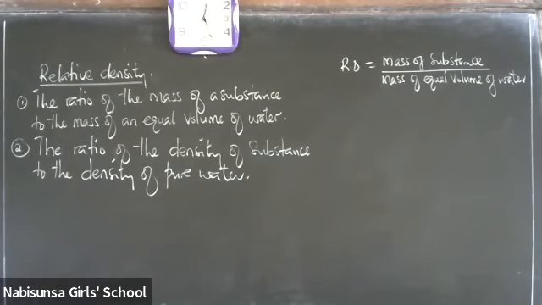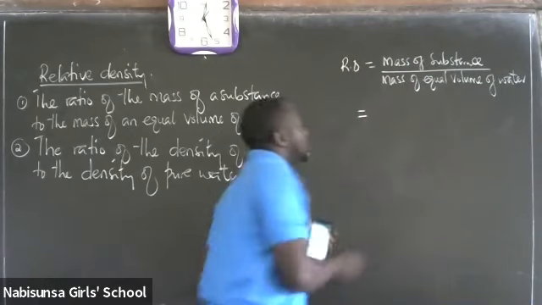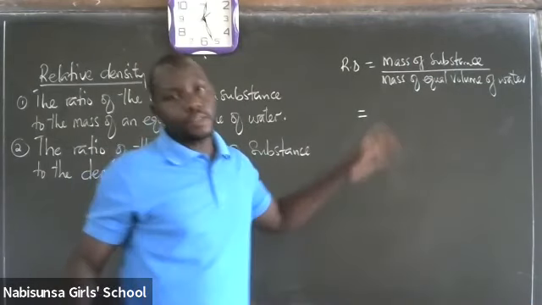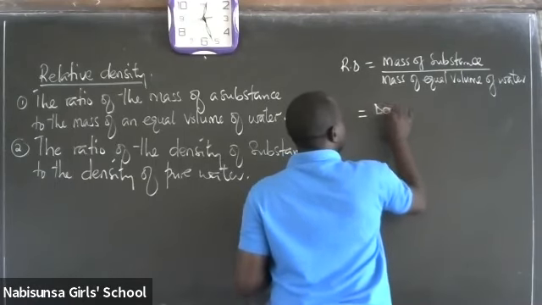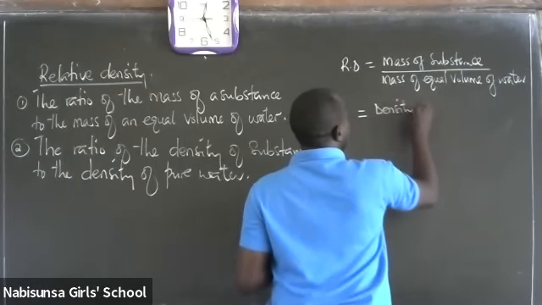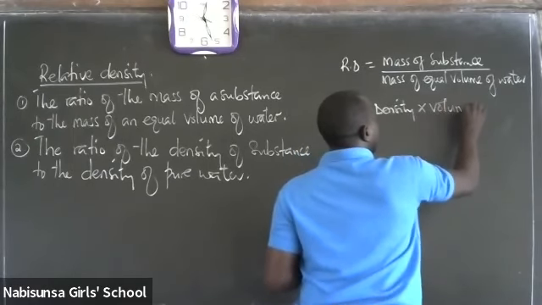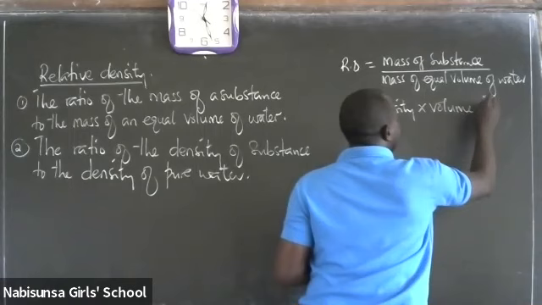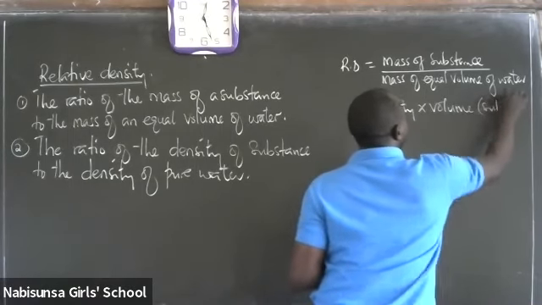That means this formula can further be written as, instead of writing mass of a substance, I'll write density times the volume of the substance.